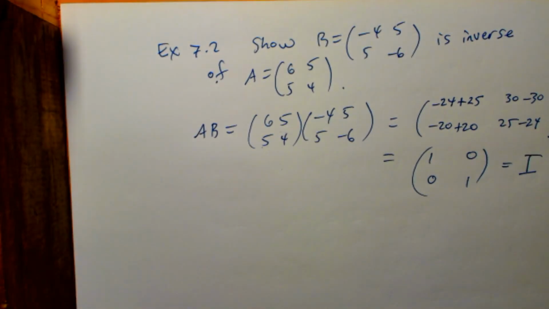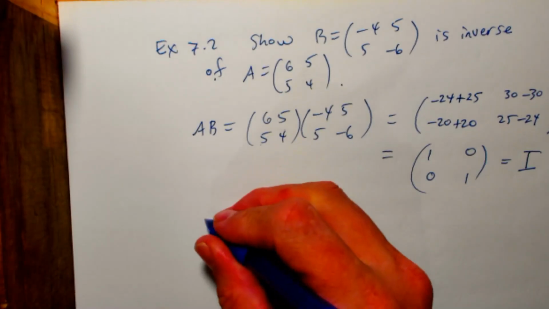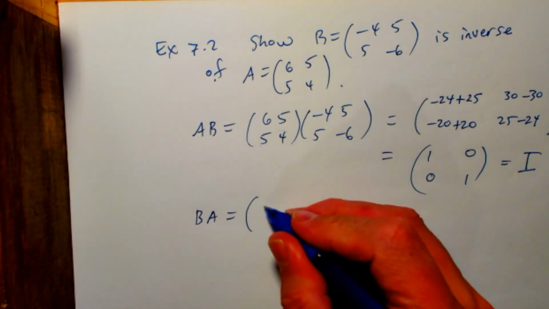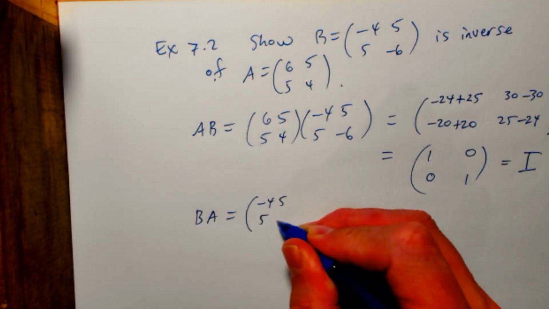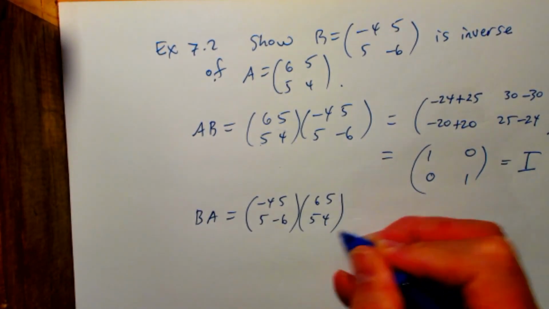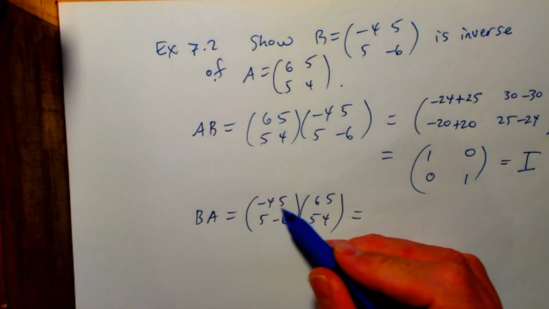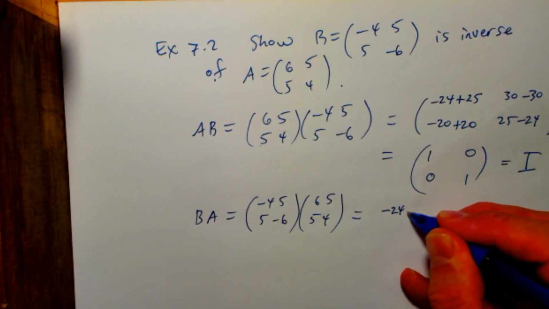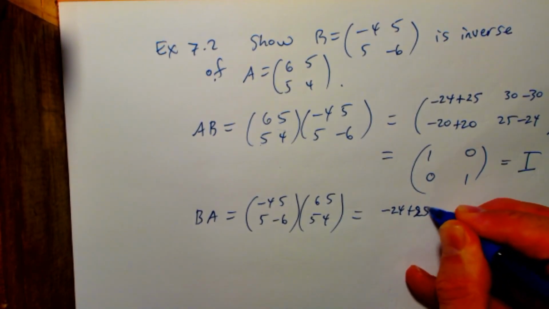Now let's move on to the BA multiplication and show that we also get the identity matrix. So B times A is minus 4, 5, 5, minus 6 times 6, 5, 5, 4, which is, okay, this row times this column gives us minus 24 plus 25.